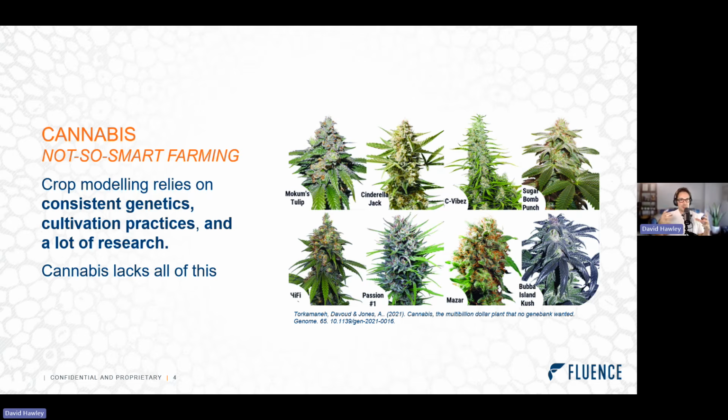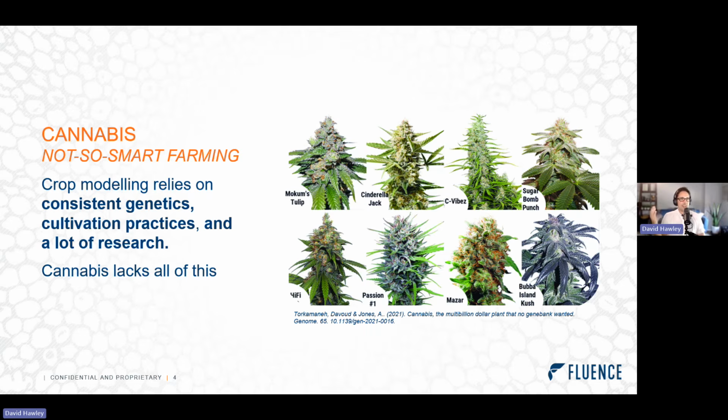And that seed stock was probably very different than a seed stock somebody else has of Blue Dream on the other side of the planet. So even within a single cultivar, Blue Dream, the genetic diversity is so great that being able to consistently predict how that plant's going to respond to an environmental input like light is actually pretty tough.